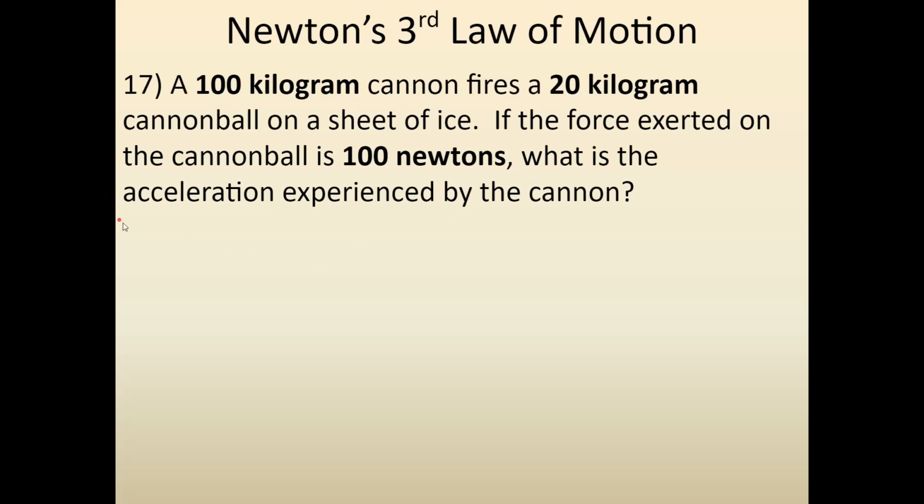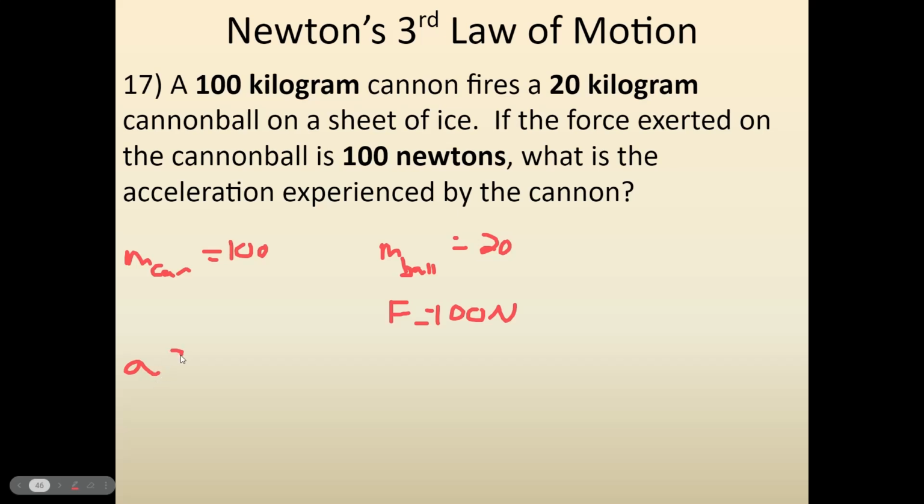So if we look at it, we have all this information. The mass of the cannon is 100. The mass of the ball is 20. Forgive the fact that I'm not putting the units. The ball feels a force of 100. And we're looking for the acceleration of the cannon.